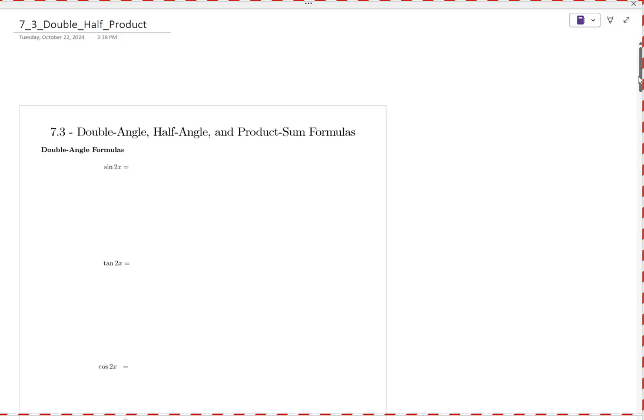And then today we're going to start talking about double angle, half angle, and product sum formulas. That sounds like a lot of words. This is the last section that will be on the test. So your exam will be over 7-1, 7-2, 7-3. Your exam is next Friday. Just to give you a heads up, it's just those three sections that'll be on the exam.